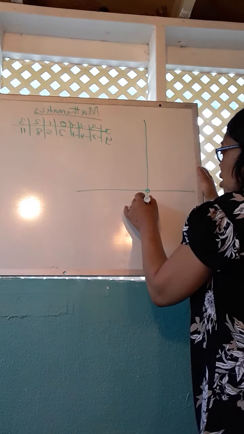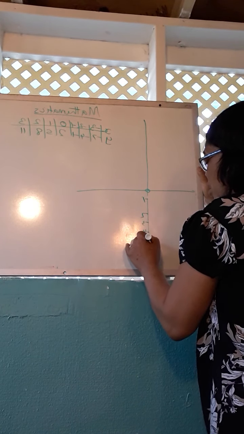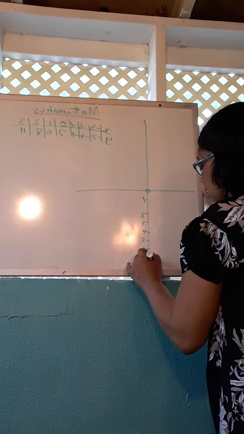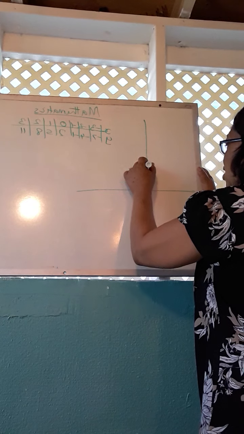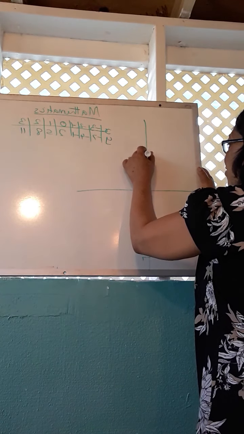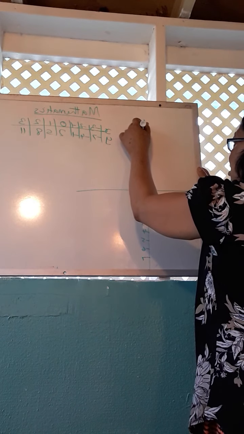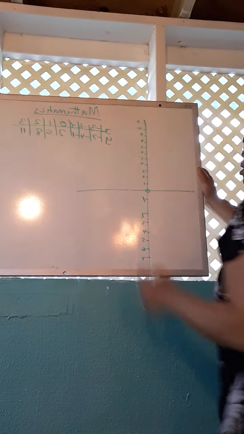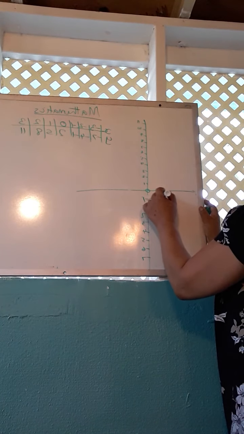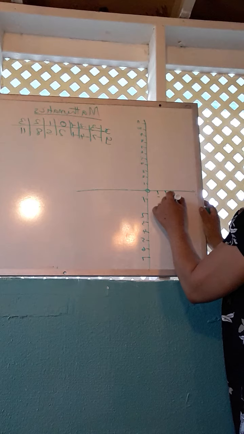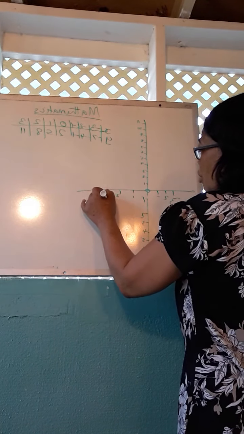So this is 0, -1, -2, -3, -4, -5, -6, -7. And 1, 2, 3, 4, 5, 6, 7, 8, 9, 10, 11. Okay, for my x, I need -1, -2, -3, and on this side I need to go 1, 2, 3.